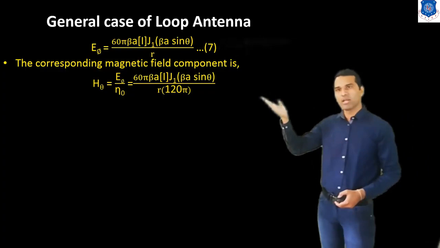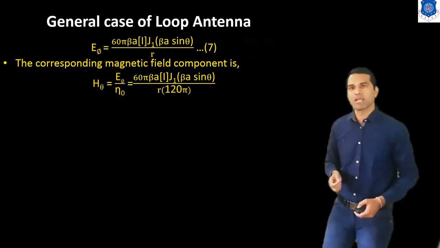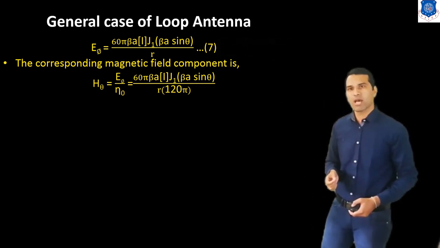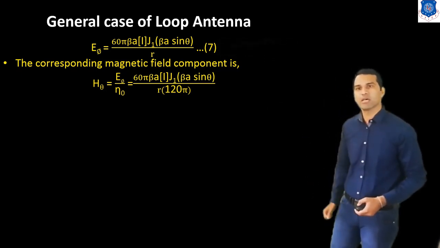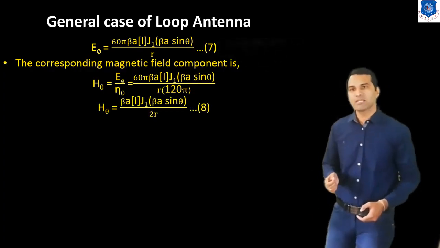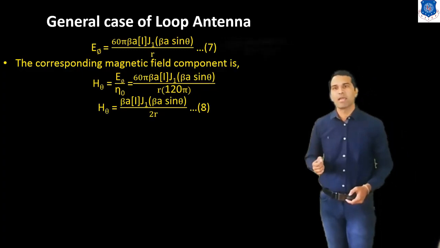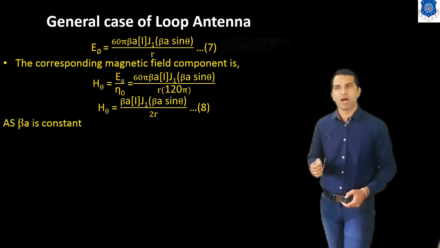So with E phi equal to 60 pi beta A I J1 beta A sin theta upon r, and eta 0 equal to 120 pi, when we solve this, we get H theta equals beta A into I J1 beta A sin theta upon 2r.